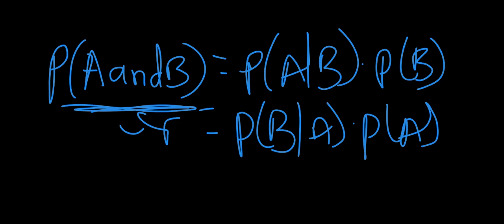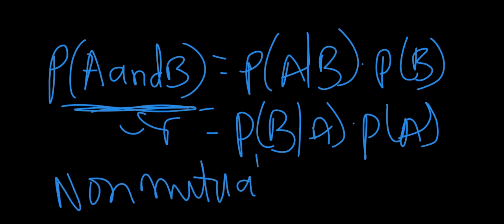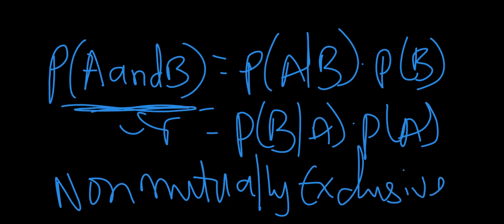So these are for non-mutually exclusive events. Bayes' theorem is mostly used for events that are not mutually exclusive. So with that being said, let's continue our journey.